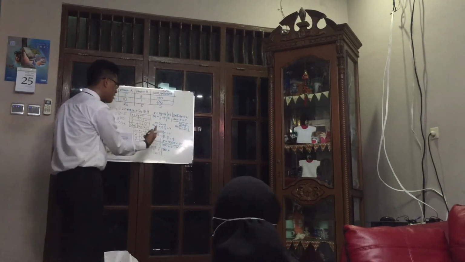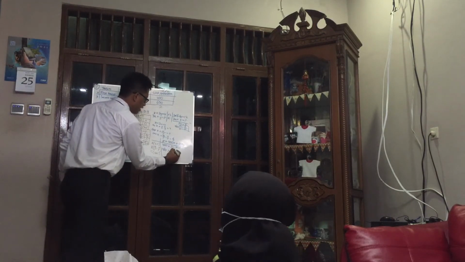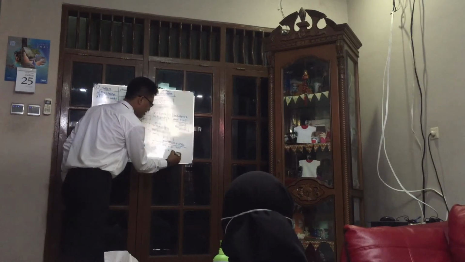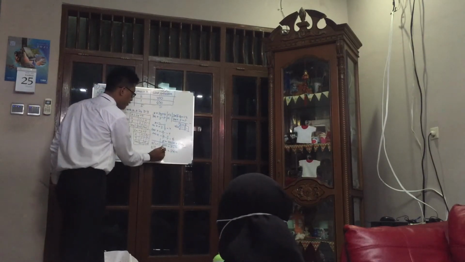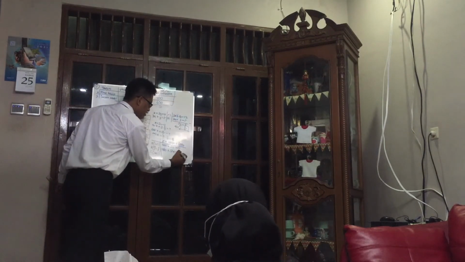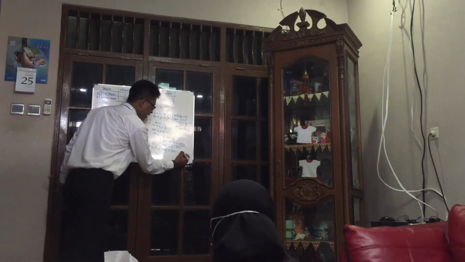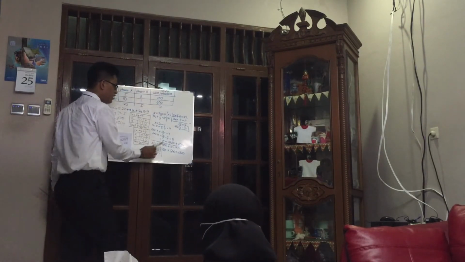We have 600 times 7 over 5, which is 840, right? So 480 plus 840, we have 1320.